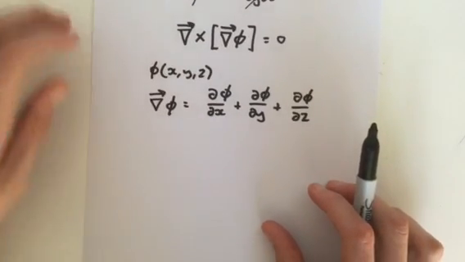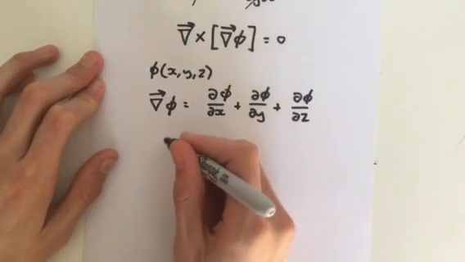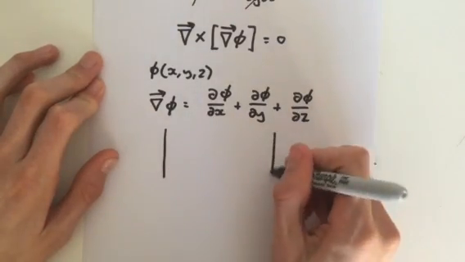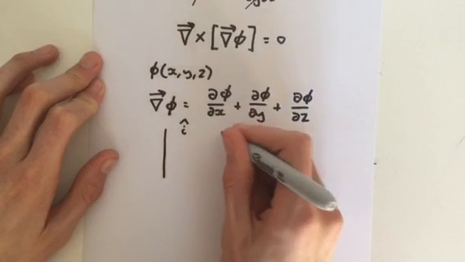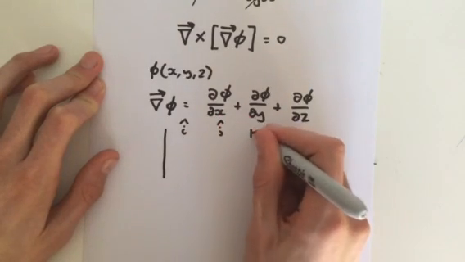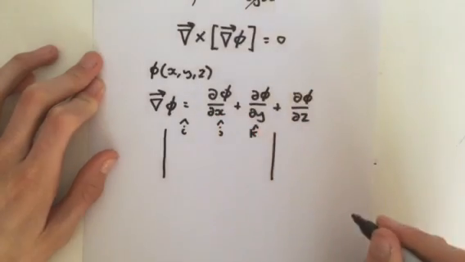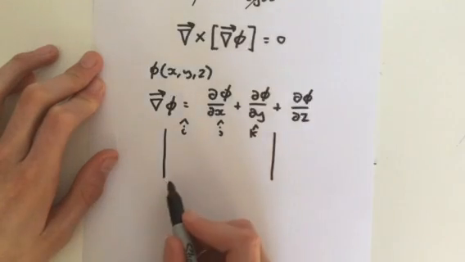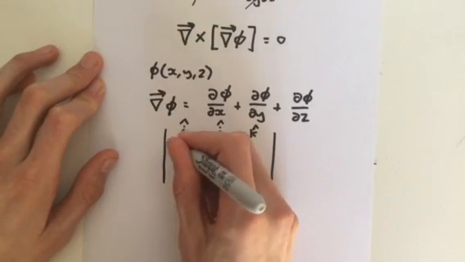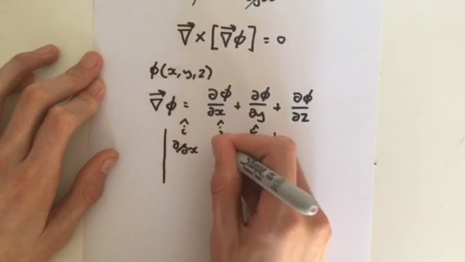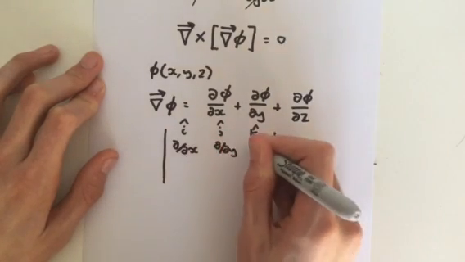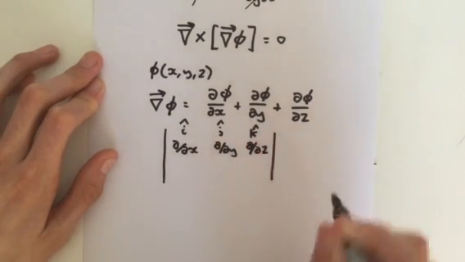So we're going to make our table again: i, j, k. The components of our del operator are partial derivatives: d by dx, d by dy, d by dz.